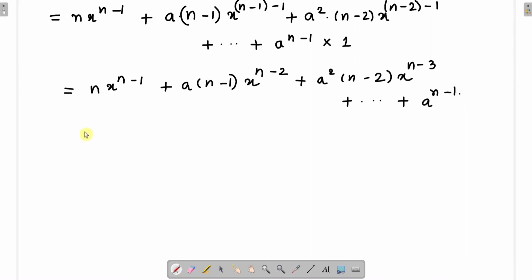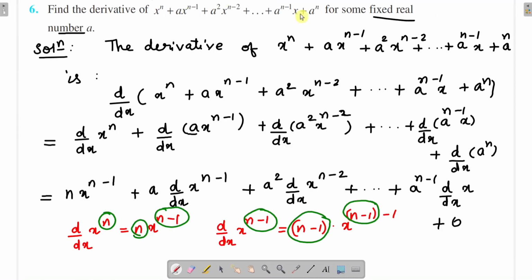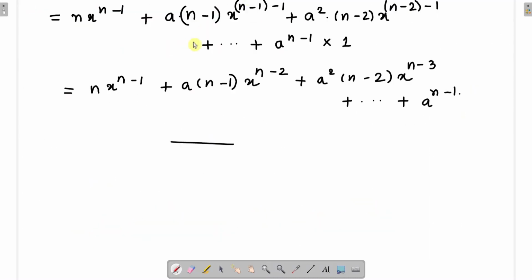Okay, so this is the answer. We have calculated the derivative of the given polynomial. Okay, that was this polynomial. So we got the solution.